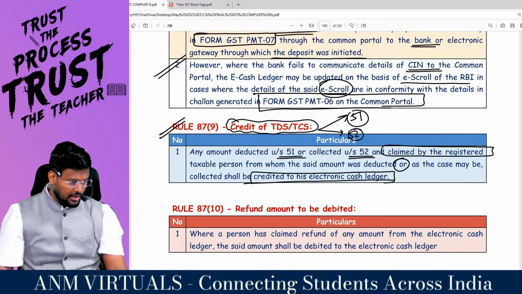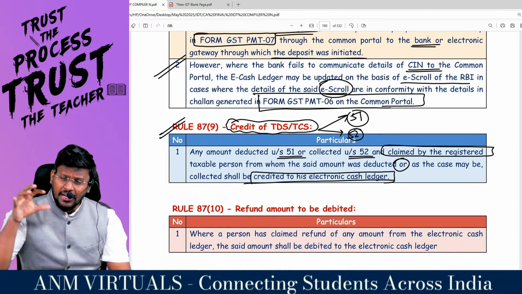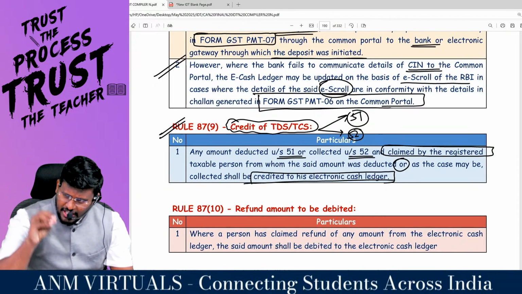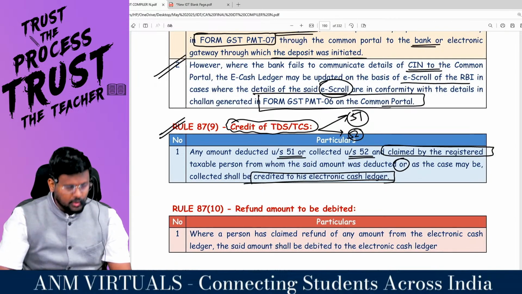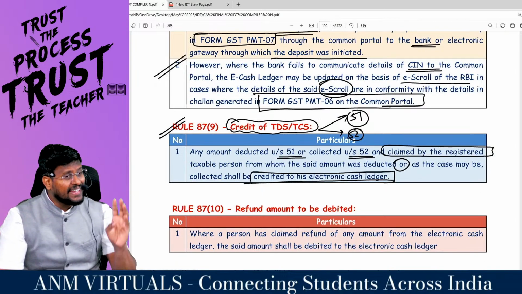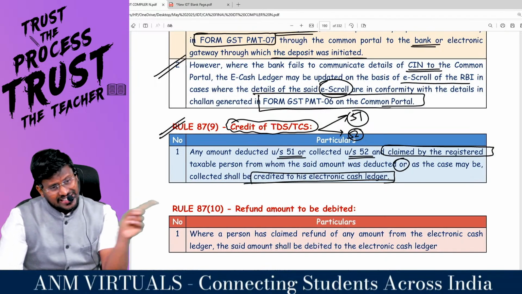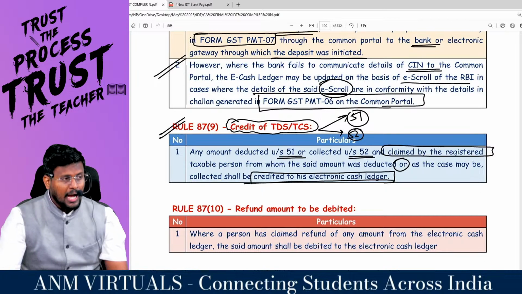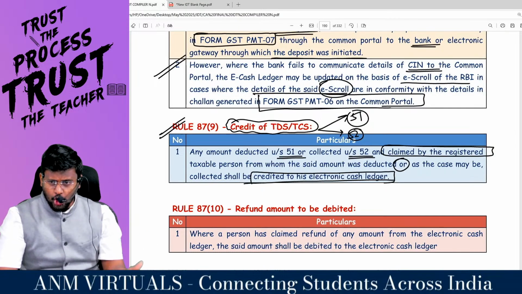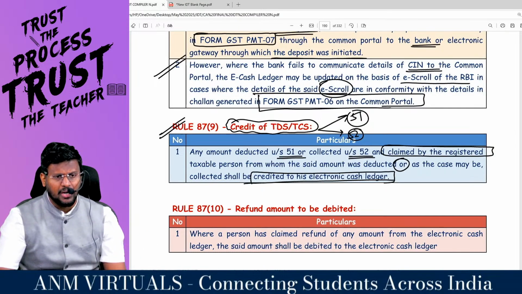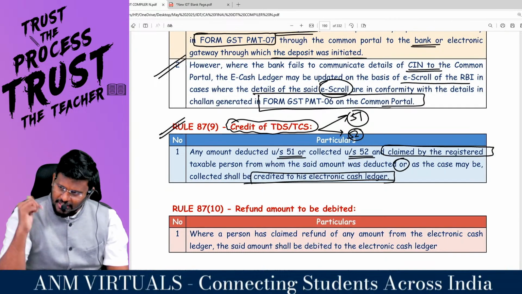This is good information. Not only the money deposited in the electronic cash ledger, but also the TDS and TCS deducted will come and sit in the credit side of the electronic cash ledger. Upon the credit side of the electronic cash ledger, what all amounts will come? Number one, the amount deposited by the taxpayer.